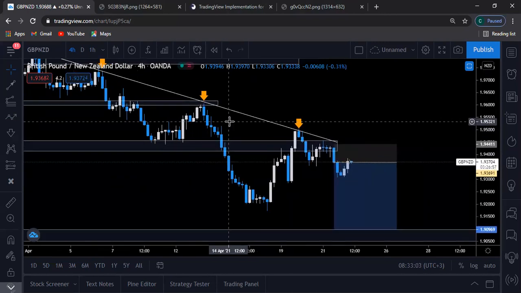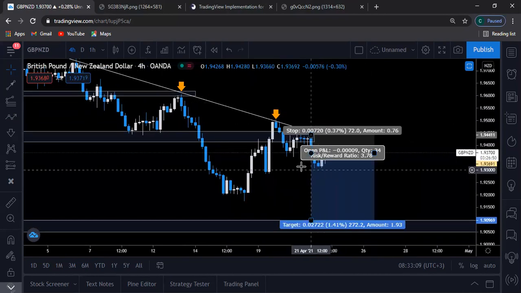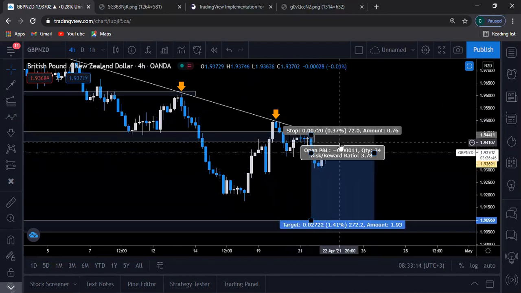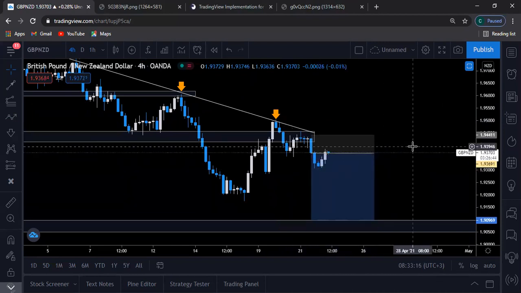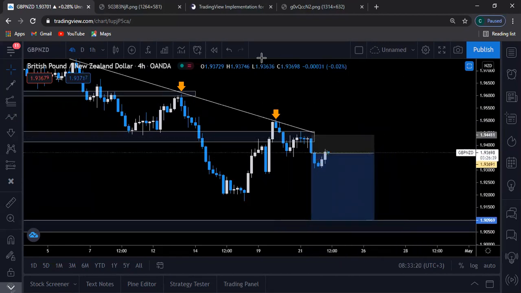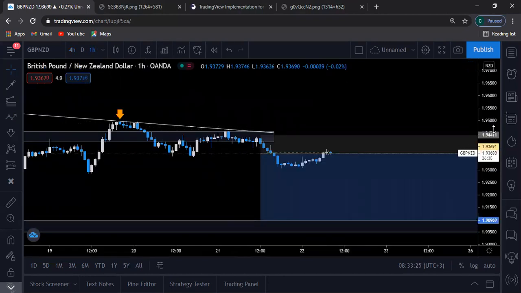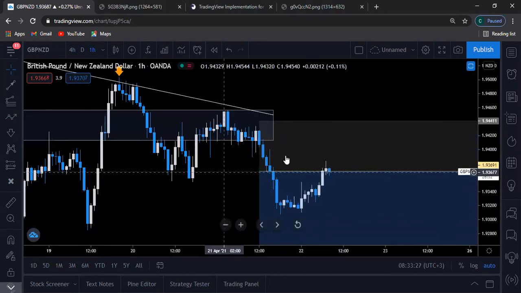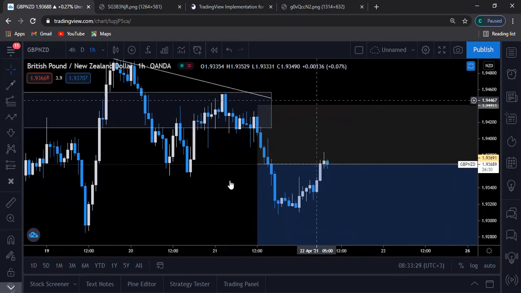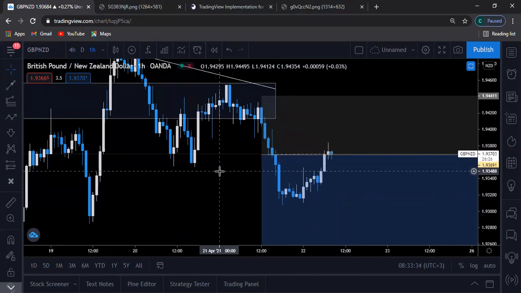So that made me realize that this pair needs a larger runway, and that's what we did today. We didn't go break even when it was at 50 pips, I just let it ride, and then it went back to break even. So right now we're still at entry point, so we are at no drawdown, but I believe the pair will keep on moving down, because if you look at the lower time frames, such as the 1 hour, you can see the previous 1 hour closed with a doji, indicating a lack of bullish momentum, right?